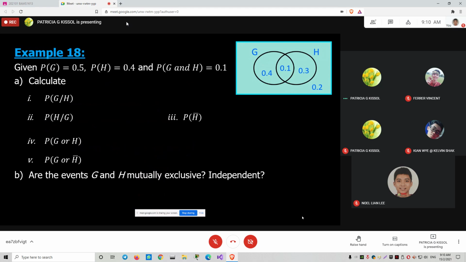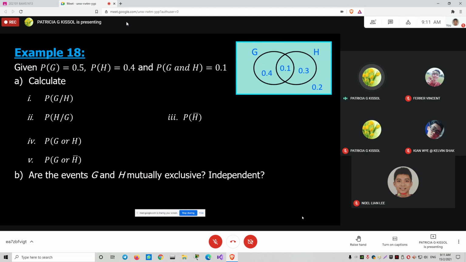Continuing with chapter 3, the topic is probability, and we're continuing with example 18. I recorded in my documentation that we start at slide number 30 today.